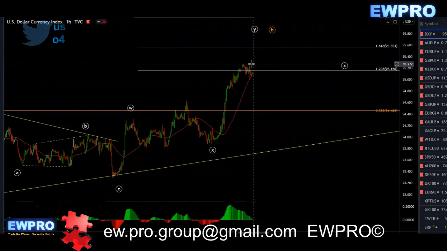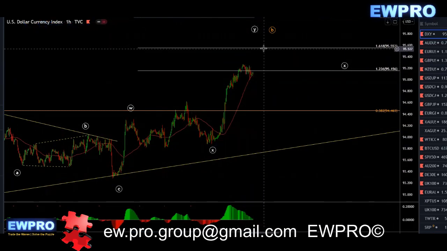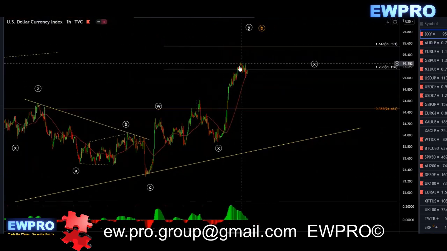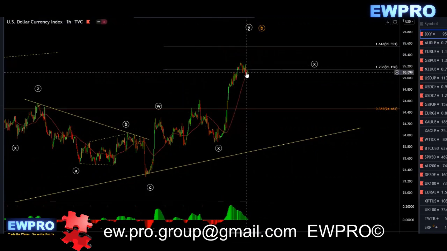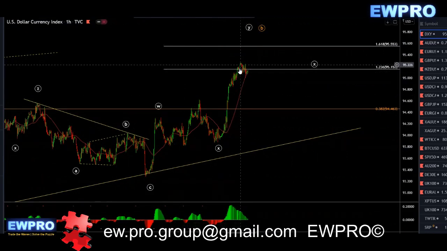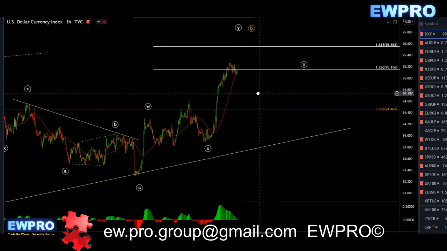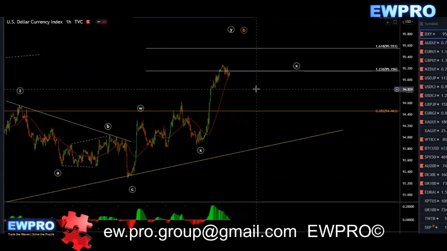If you're getting flags, you'd be targeting this 161.8. If you get a flag in here, there is no bearish divergence, so you can trade flags, and you'd be targeting that 161.8 if you're looking to buy this.